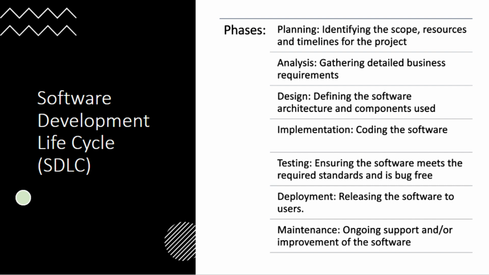Deployment involves releasing the software to the production environment and making it available to users. Maintenance involves ongoing support and improvement of the software application. SDLC empowers developers to consistently produce quality software that satisfies target objectives and customers. This makes the software development process organized and efficient.